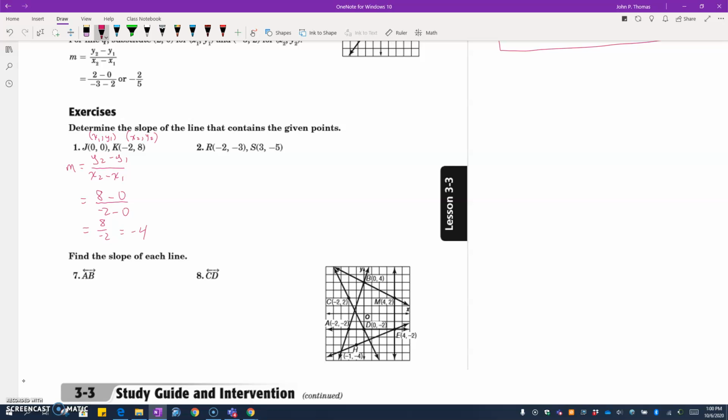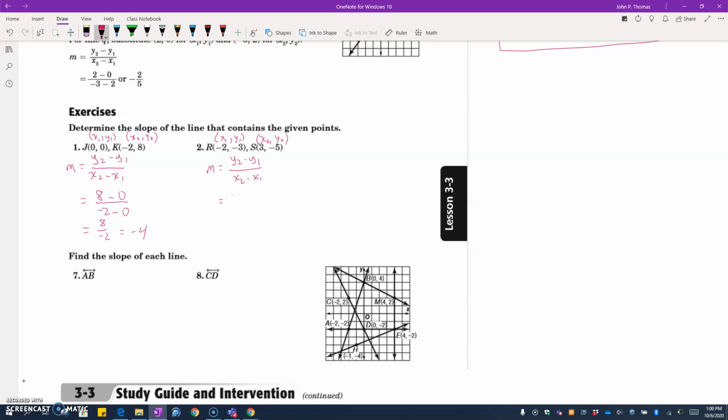Now, if I jump to the next one, we're going to approach it very much the same way. So we're looking for y2 minus y1 over x2 minus x1. In this situation, I'll go ahead and label these x1, y1, x2, y2.